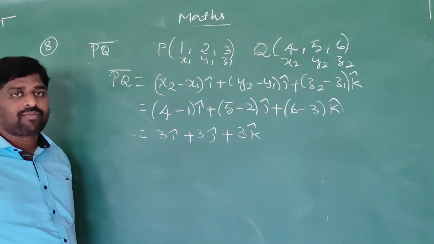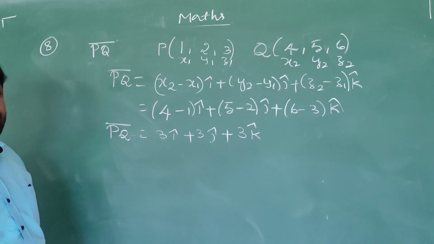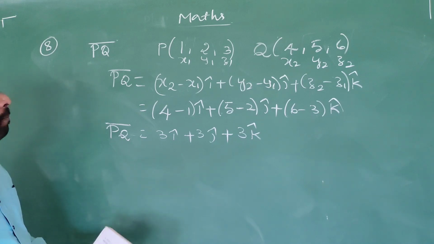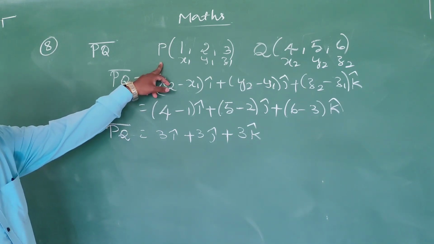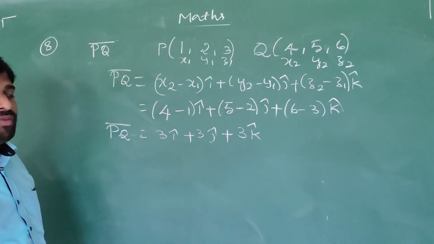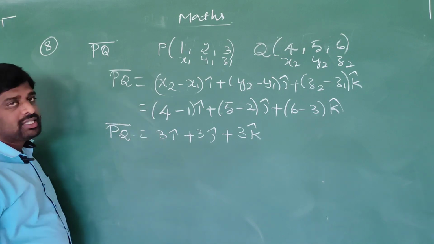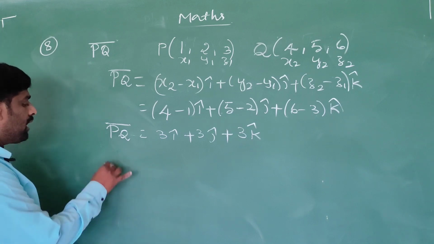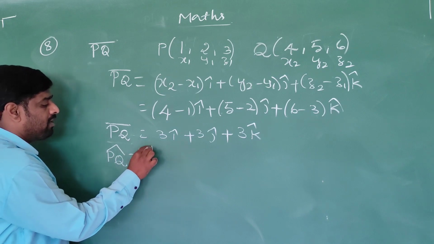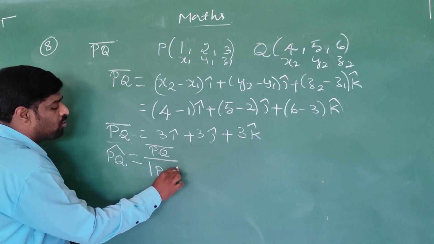This is PQ bar. Now what is my question? Here I want to find the unit vector for PQ bar. They gave it in the form of points, so first you have to find PQ bar by using the vector joining 2 points formula. We got PQ bar as 3i plus 3j plus 3k. Now I want to find the unit vector of this vector, that is PQ cap equals PQ bar divided by magnitude of PQ bar.